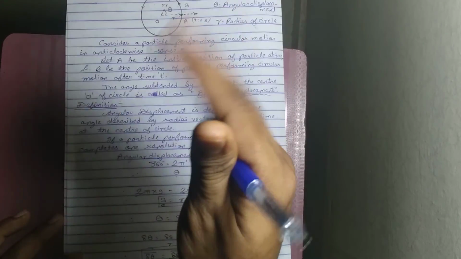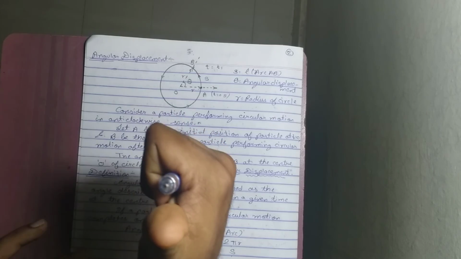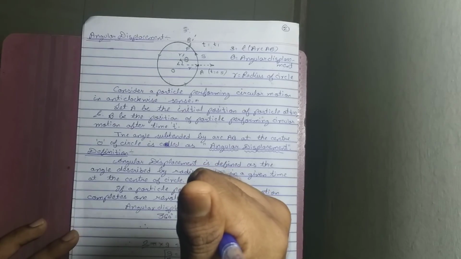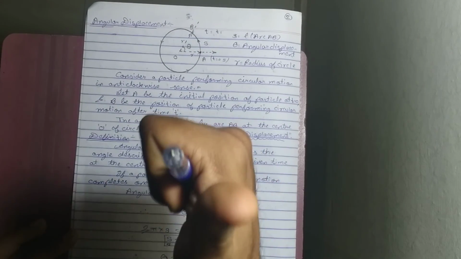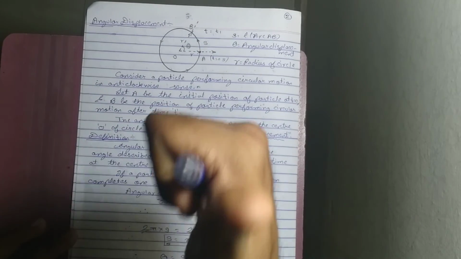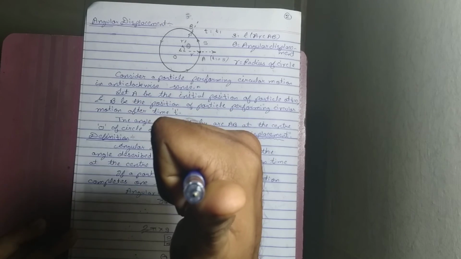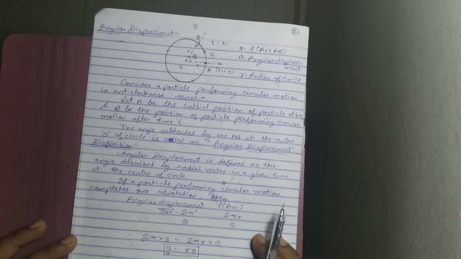If the curled fingers give the direction of the motion, what is the direction of motion here? Anti-clockwise, and the thumb is outstretched. If the fingers give the direction of the motion of a particle performing circular motion, then the direction of the outstretched thumb gives the direction of angular displacement. Students, remember that is the direction of angular displacement.